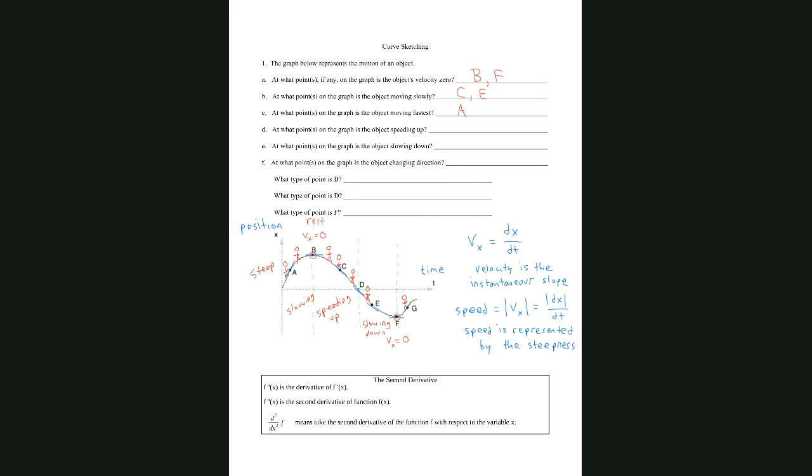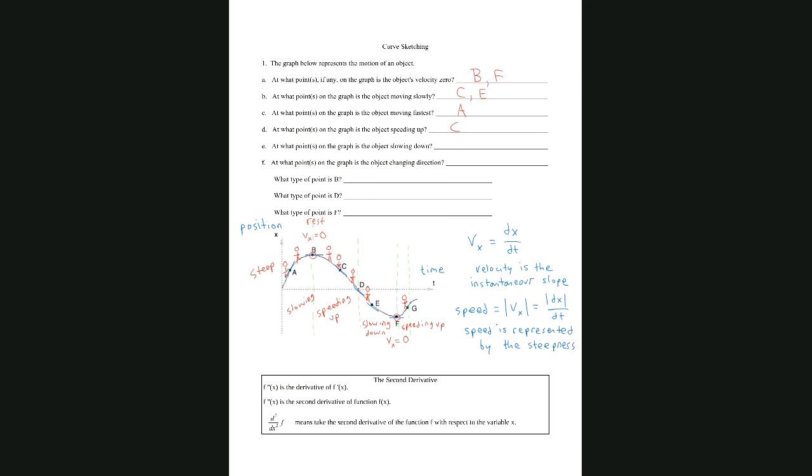Finally, from F to G, looks like we're speeding up. But notice that that speeding up does stop here. Okay. Which points fall into these speeding up regions? Well, certainly C. And that's it.